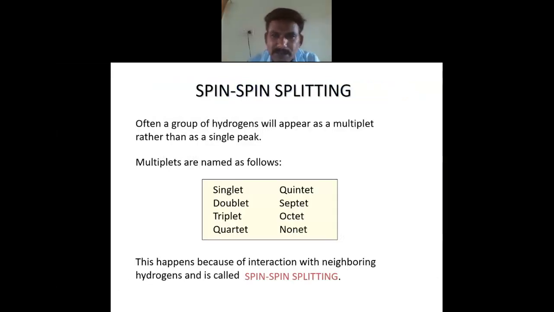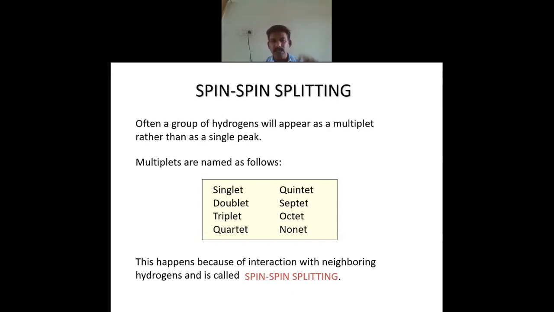And spin splitting. Spin splitting means when the hydrogen appears as a multiplet, with a number of peaks. The multiplets are named singlet, doublet, triplet, quartet, quintet, septet, octet, nonet, meaning 1, 2, 3, 4, 5 peaks, and so on. Singlet means one. This happens because of the interaction of neighboring hydrogens.